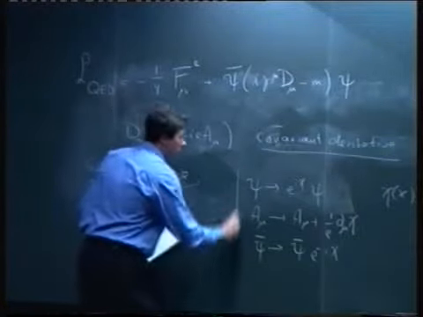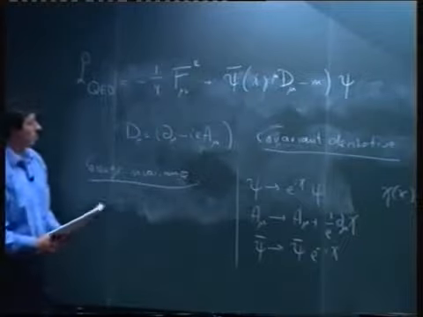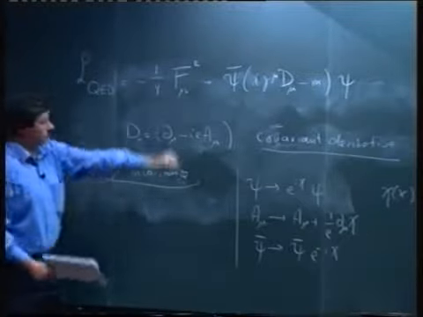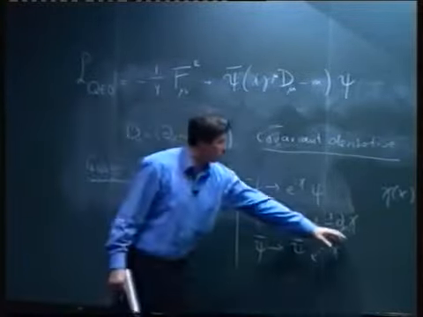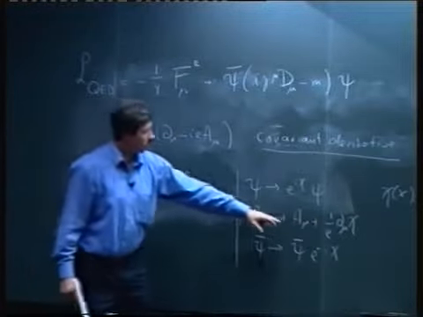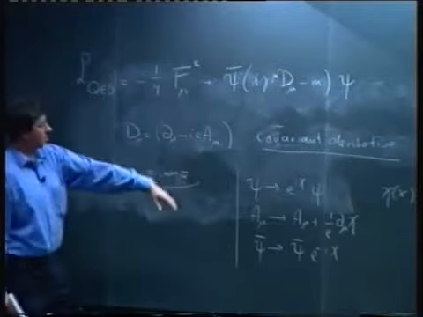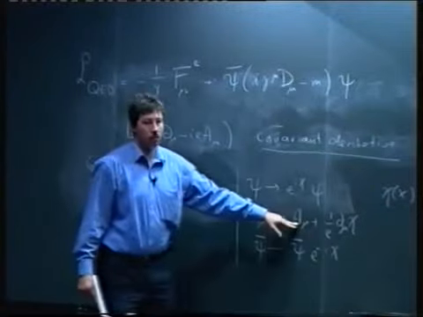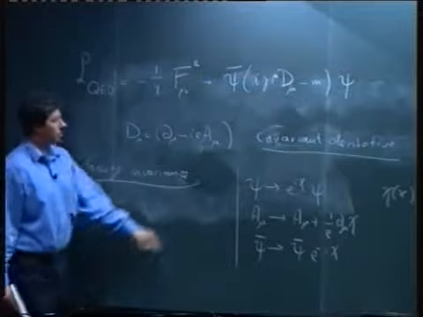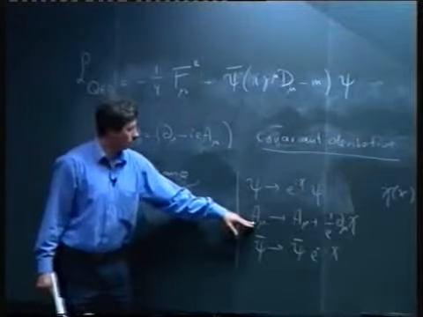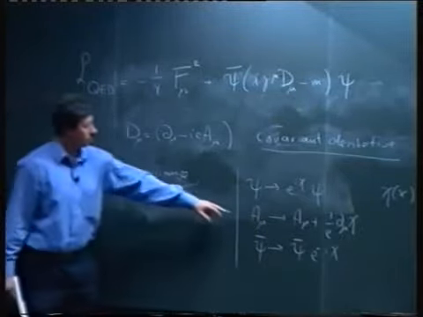So this is a gauge symmetry of this Lagrangian, and the significance is that the gauge field A mu, well, I call it a gauge field because it gauges this symmetry, has fewer physical degrees of freedom than the 4 components that you would normally think this field would have.